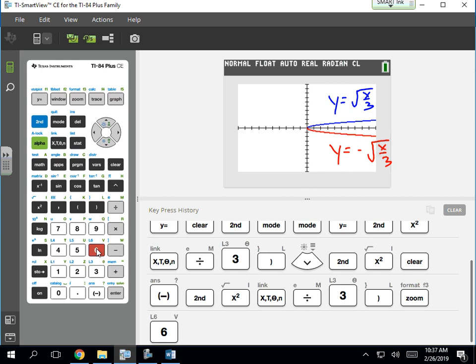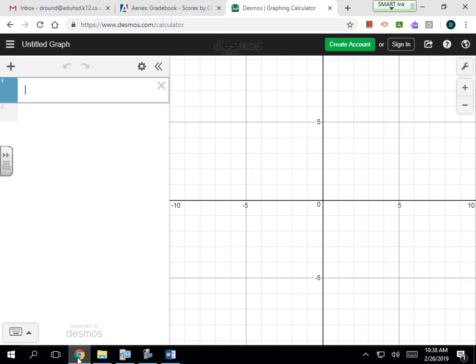So if you could log into Desmos graphing, just Google it, and let's go ahead and play around with this. You have that sheet in front of you, but let's take that same x equals 3y squared and see if we can graph it in Desmos and see what it does.